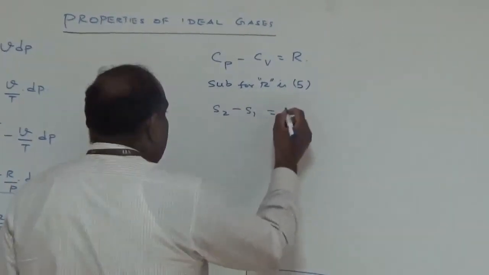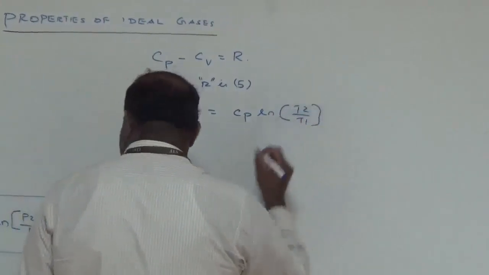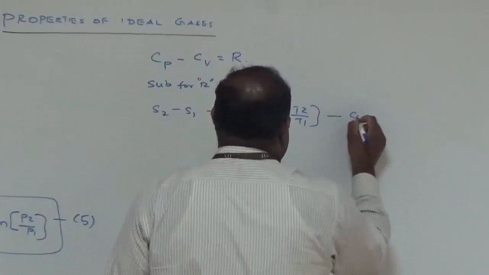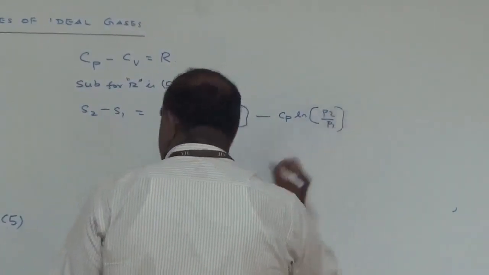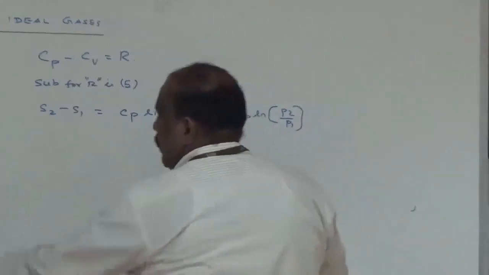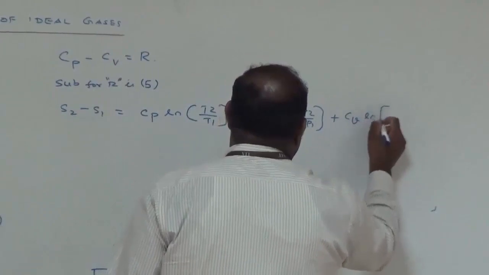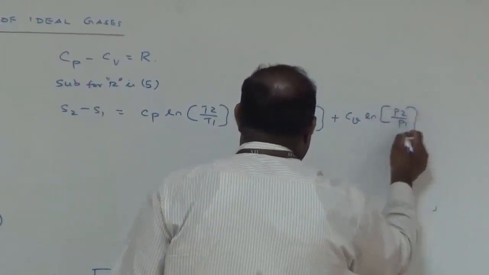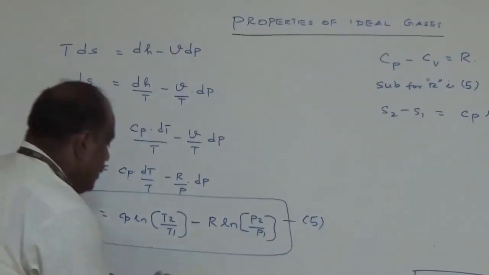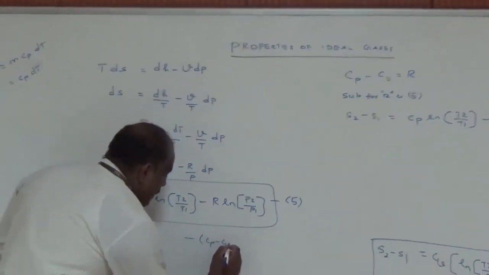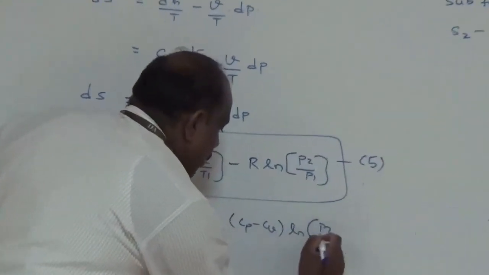S2 minus S1 will be equal to Cp into ln of T2 by T1 minus Cp into ln of P2 by P1, plus, minus of minus will become plus, Cv into ln of P2 by P1. I hope I am not lost. For this R, I have replaced it with Cp minus Cv, into ln of P2 by P1.